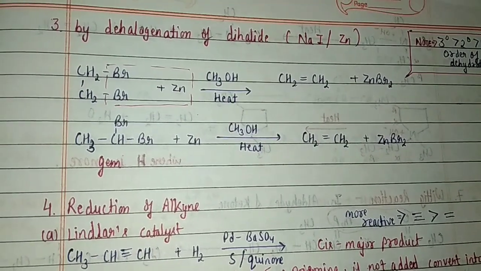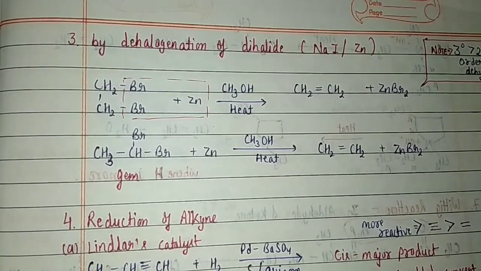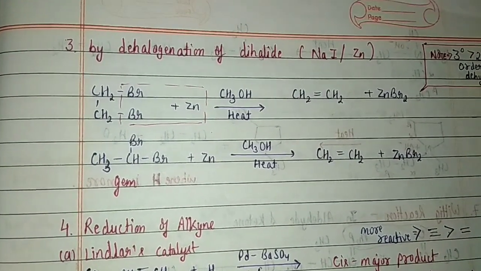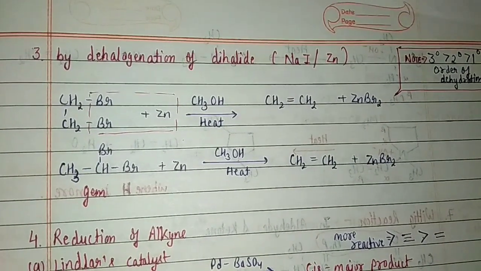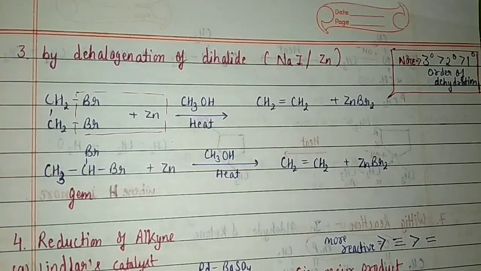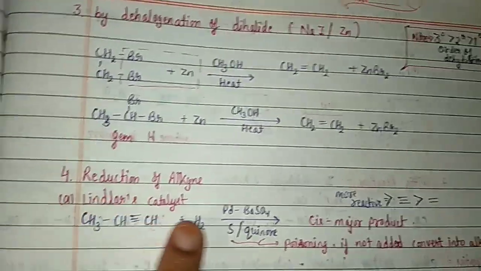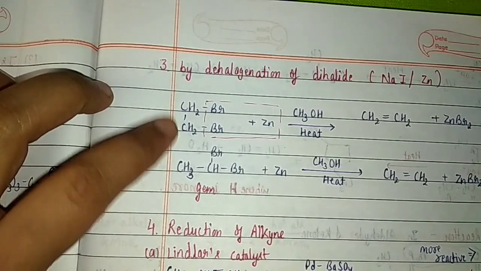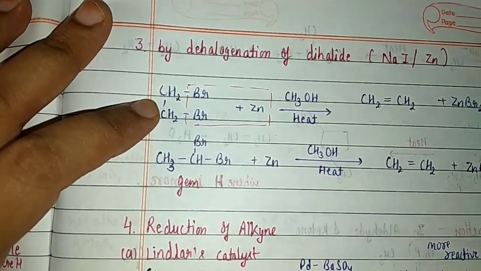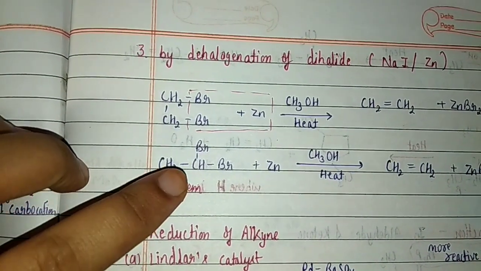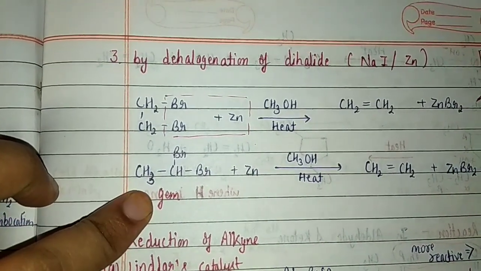By dehalogenation of dihalide, when we have dihalides such as CH2Br and zinc, heated in presence of methyl alcohol, we get the alkene plus ZnBr2. When different carbon atoms have halogen groups, it is known as vicinal halide, and when the same carbon atom has both halogen atoms attached, it is known as geminal halide.